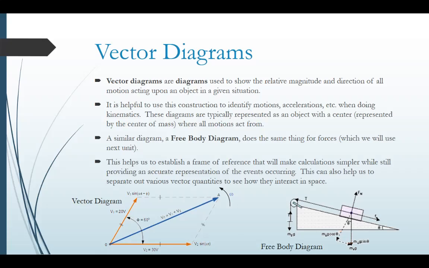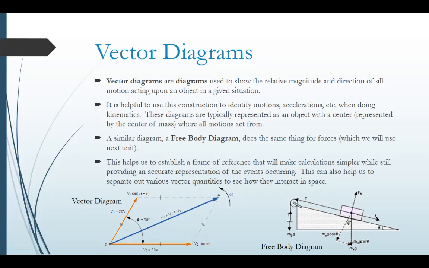This helps us to establish our frame of reference so that when we make the calculations, we can make them simpler and provide accurate representations for the events occurring, whether that's by making sure we understand direction or whether it's by breaking out a vector into its component vectors. And this is going to require us to do a little bit of our geometry, okay, Pythagorean theorem, that sort of stuff, so that we can identify the resultant vectors at the end of our calculations.